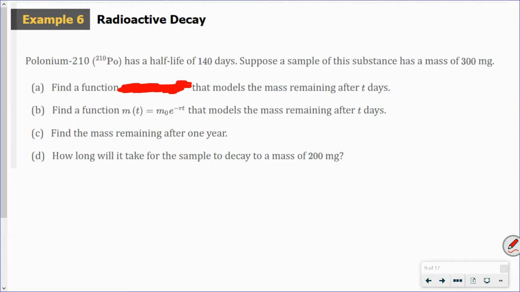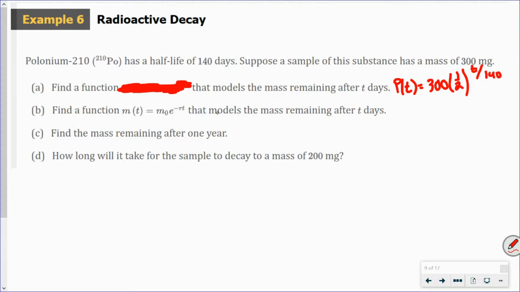But we do have the relative decay model right here. For half-life, we have P of t equals our starting amount, so 300, times 1/2 to the t over, and I want it in days, and my half-life time is 140. So there's my half-life formula.